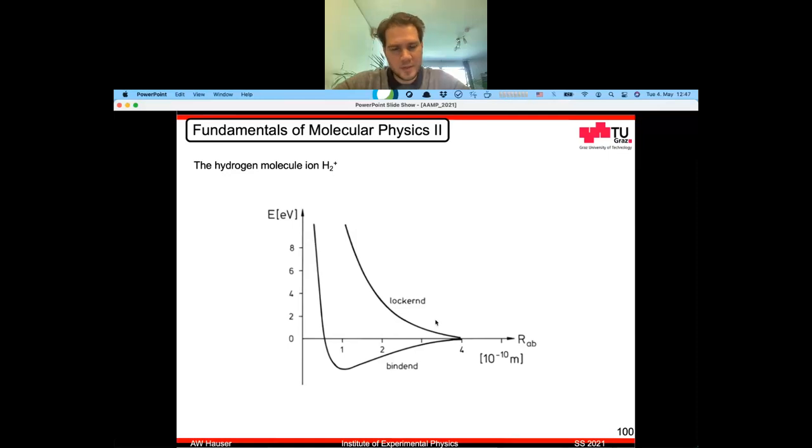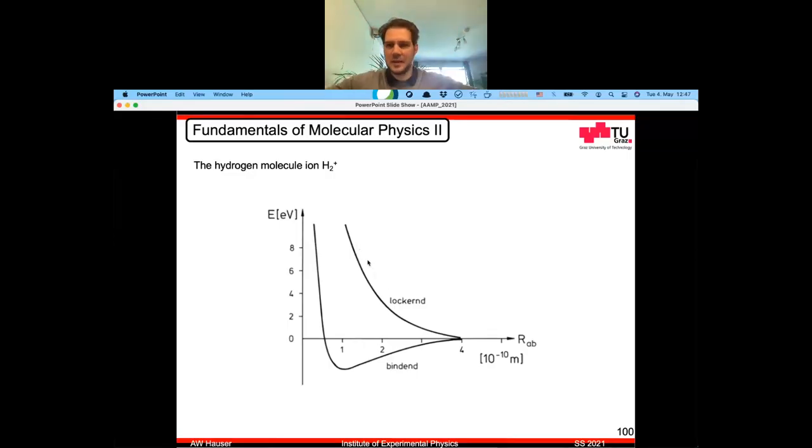So it's a state which is not bound. Or in other words, if I had a molecule in this configuration of phi A minus phi B as this total electron wave function, then at a given distance, here in angstrom, at a given distance of 1 angstrom, this system would immediately try to relax to its minimum energy state by breaking the bond, right?